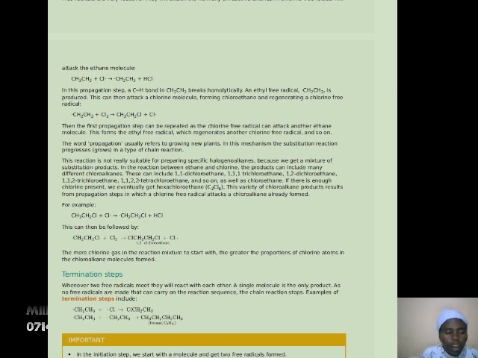You can also have an ethyl radical combining with another ethyl radical, forming a longer molecule with a 2 plus 2 carbon chain, which is butane. You can also have a chlorine radical bonding with another chlorine radical, forming a chlorine molecule, that is Cl2.